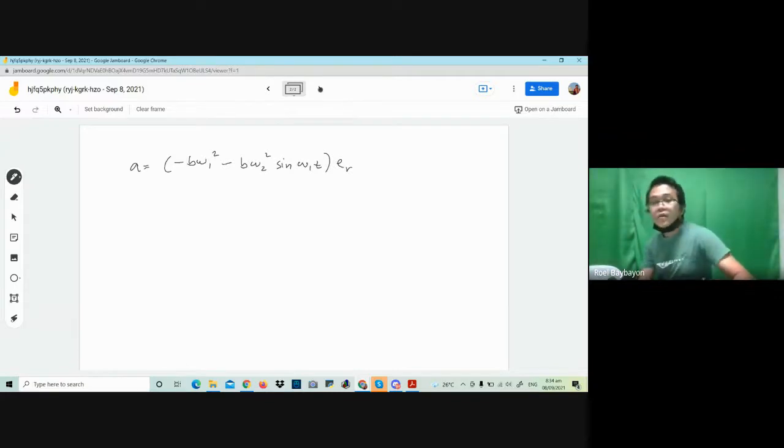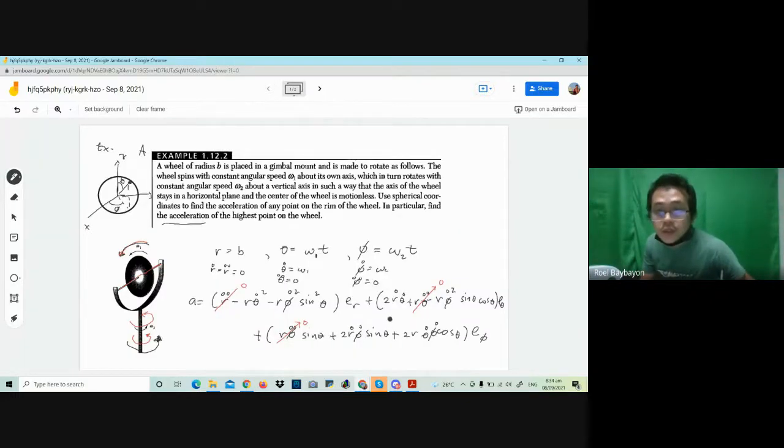Then for e theta, there are just one or two terms. This one is also 0, the r dot is also equal to 0, this one is also equal to 0. So what remains is one term for e theta and one term for e phi.